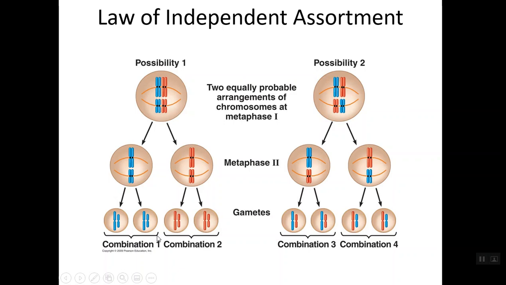But here is the dilemma. If I tell you to do that, maybe I give a group activity, I guarantee you that some students will have this combination and some students will have this combination, because once you have separated these two big ones, now the dilemma is: do I put the small blue with the big blue, or do I put the small red with the big blue, as shown here?